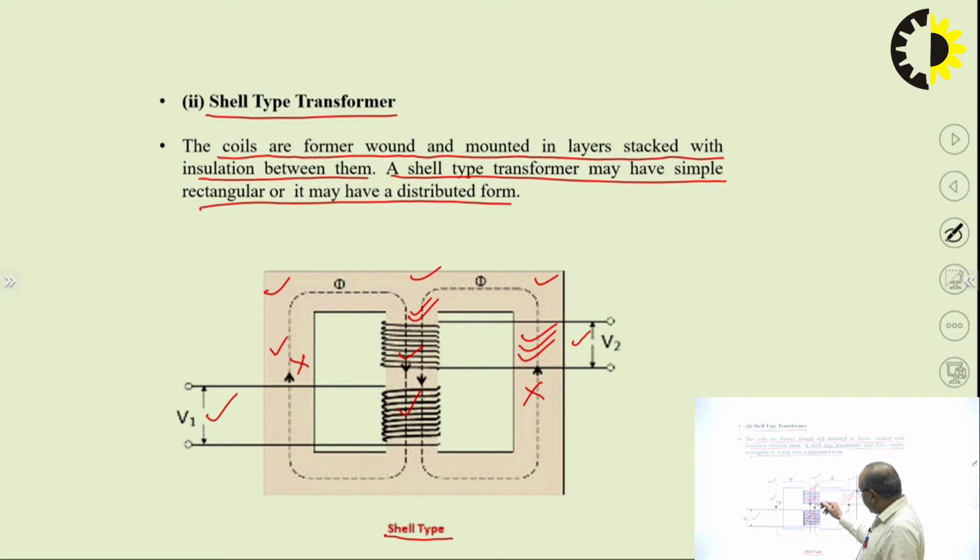The flux is developed around these windings and that is the common magnetic flux, and this flux is distributed along this path, this is shown here. So, flux is developed in the central limb or middle limb and that flux is equally distributed on the outer limbs, which are two limbs. So, that is the shell type transformer.